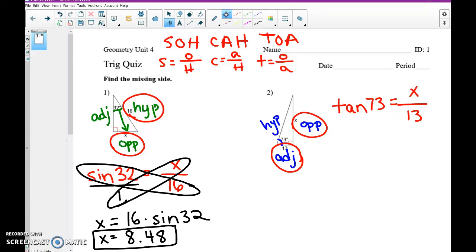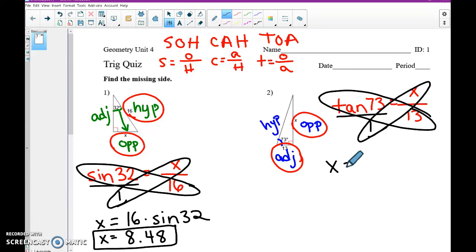Just like the last time, I'm going to put this over 1 so that I have a nice fraction to work with. So I'm going to do x times 1, 13 times tangent 73 on the other side. This is how we do cross multiplying. One group goes on one side, the other group goes on the other side.